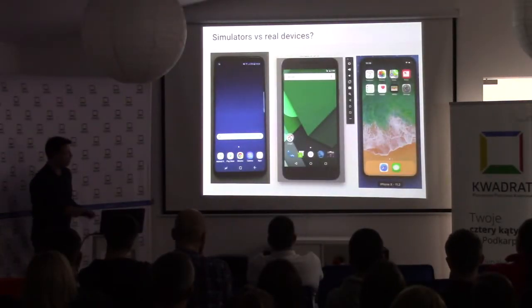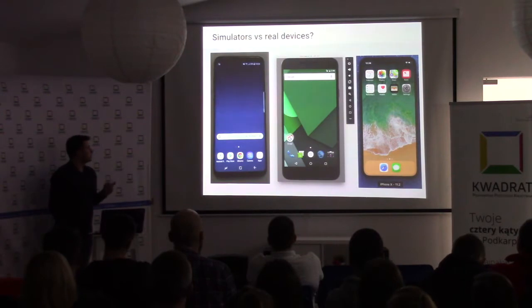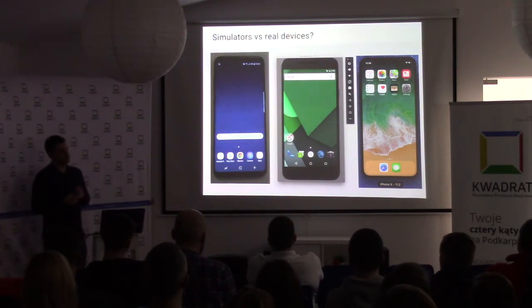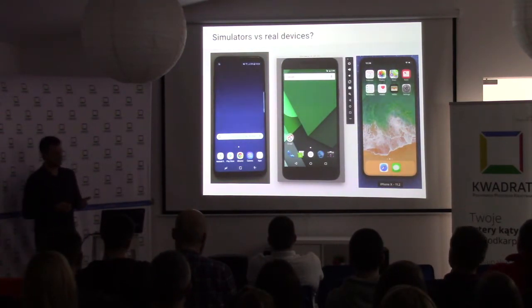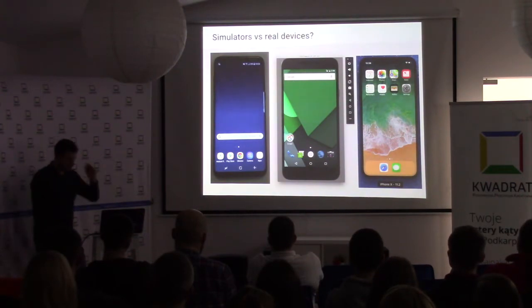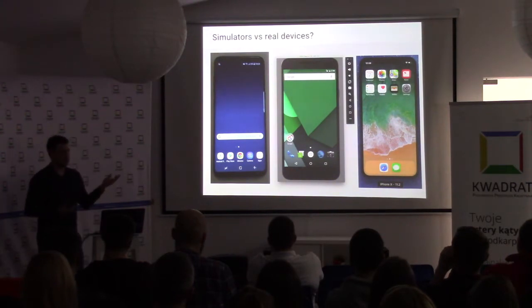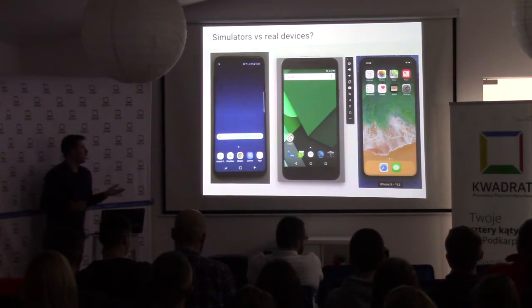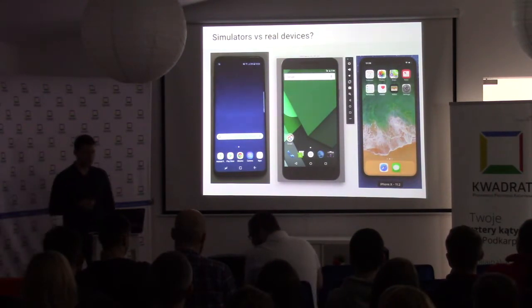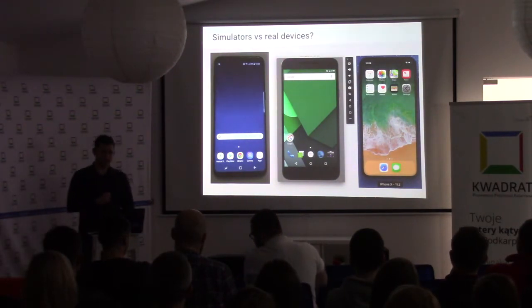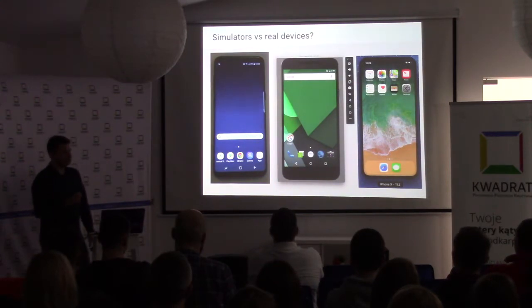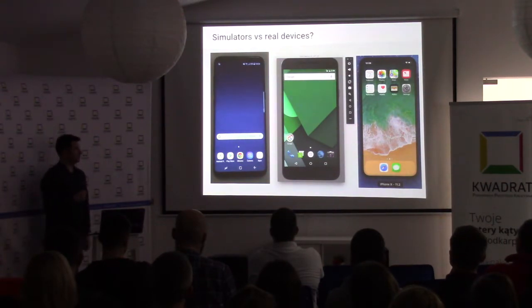Another topic I would like to discuss is whether we should test our apps on simulators, real devices, or emulators. A bit of terminology here. Real devices are the physical devices we keep in hand. Pretty straightforward, they run the software. But there's a bit of confusion between simulators and emulators and what they are. In most cases when you test Android apps, you will probably test them on emulators.